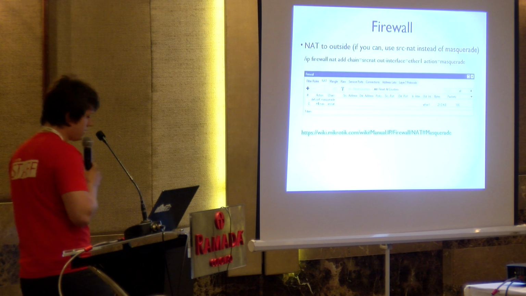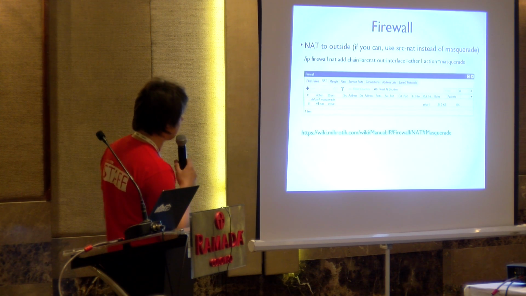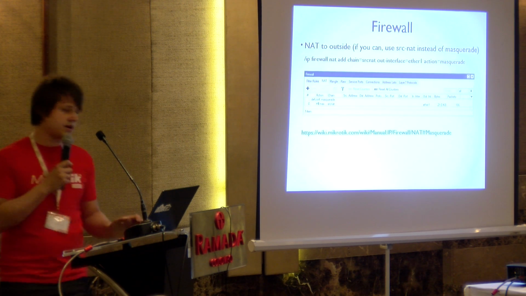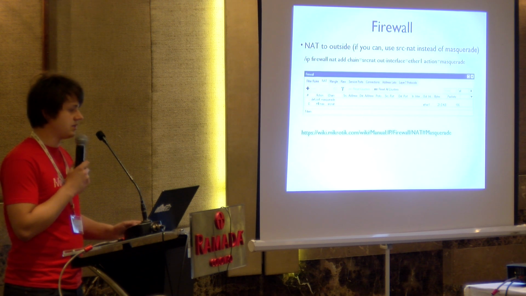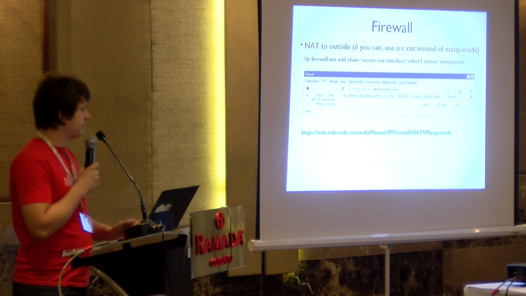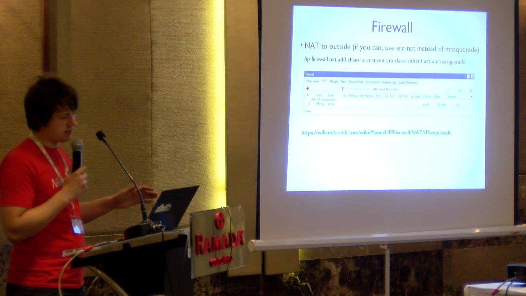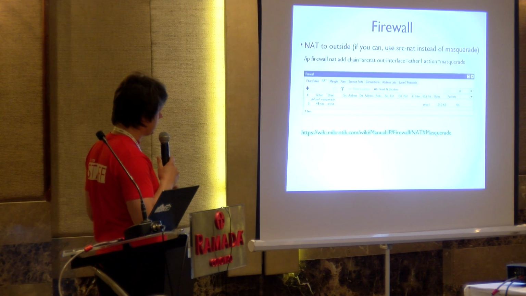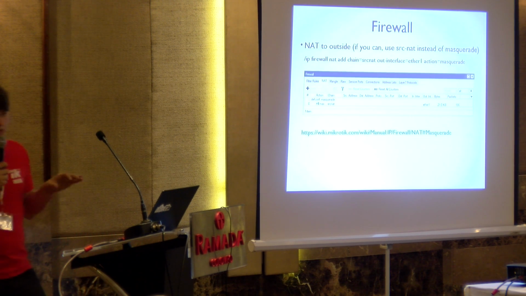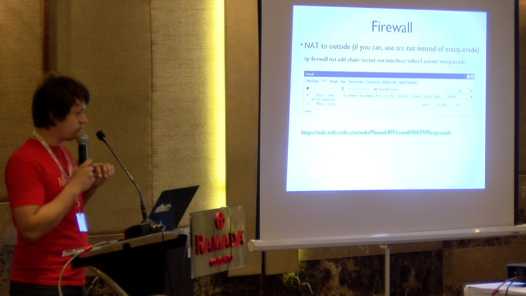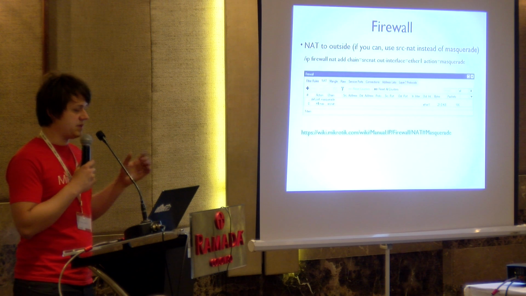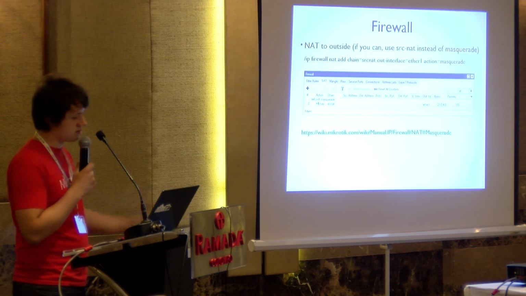And another way you can hide your local area network is to use NAT, which is network address translation. This means that if you have multiple PCs on the local area network, then when you request some resource from the public side, normally without NAT, the packet would be sent using the source address of the PC which requested this resource.